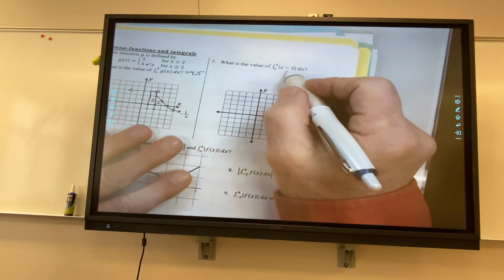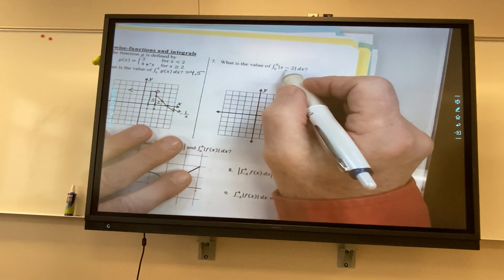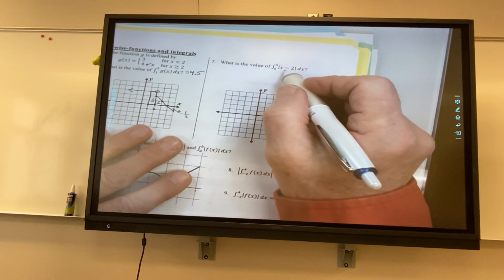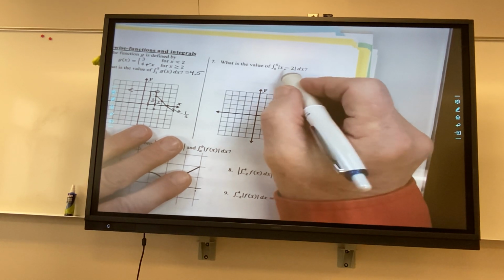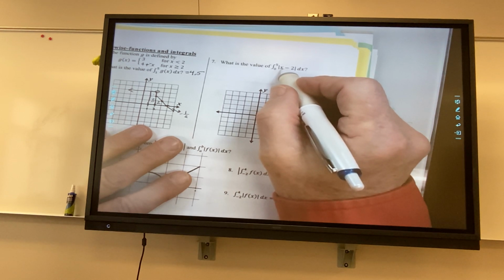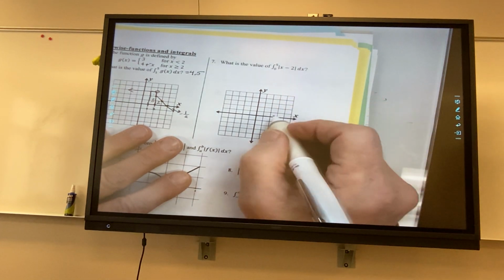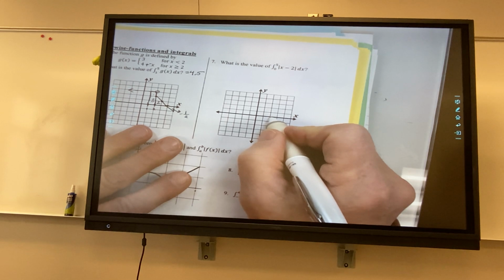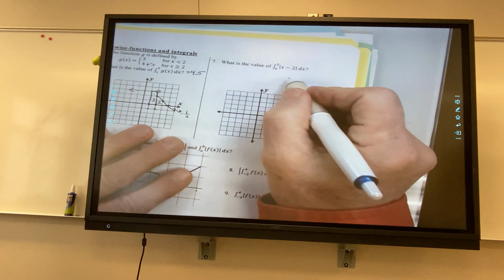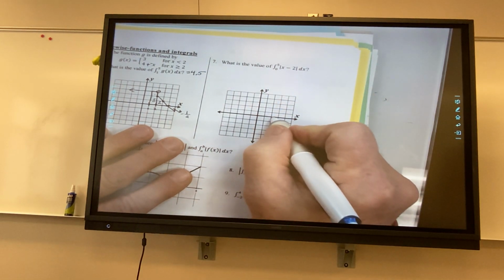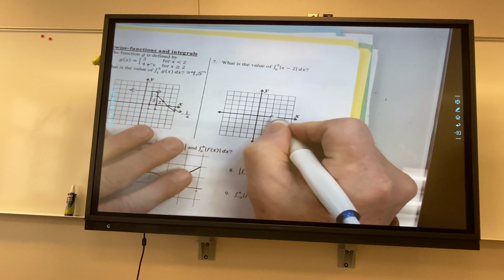Kayla, what does an absolute value look like? It's a particular alphabetic letter. V. V, okay? And if I put 2 in here, I'd get what? The absolute value of 0, which is 0, correct?